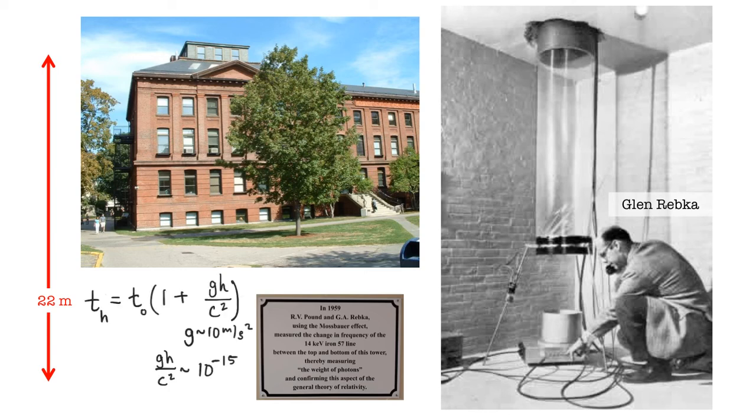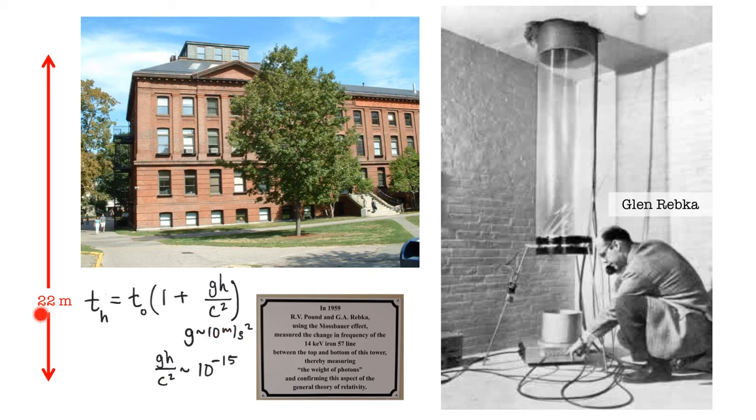Okay. So if we come back to that expression I showed you before about the difference in the ticked off time on these two clocks due to the gravitational field, there's this term, gh over c squared, and little g is the acceleration due to gravity near the surface of the Earth, which is about 10 meters per second squared.